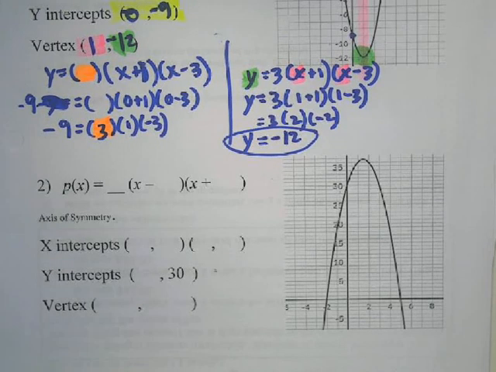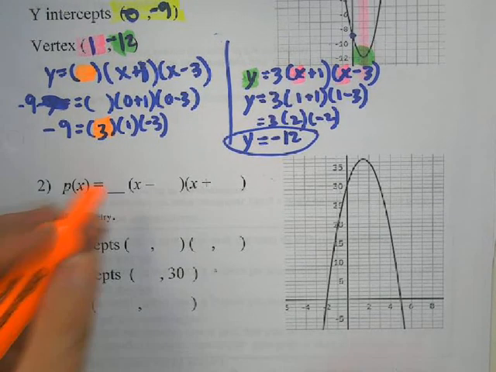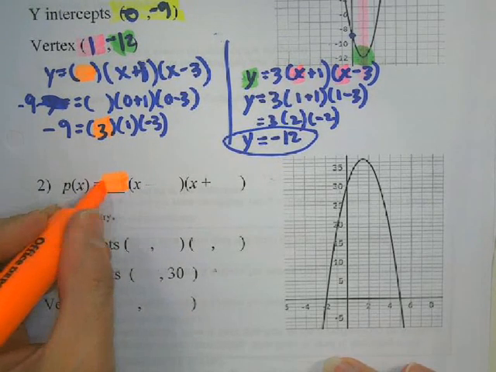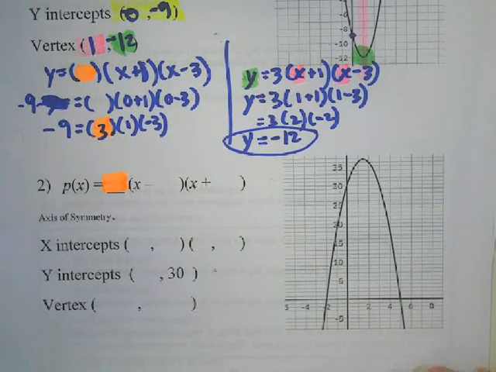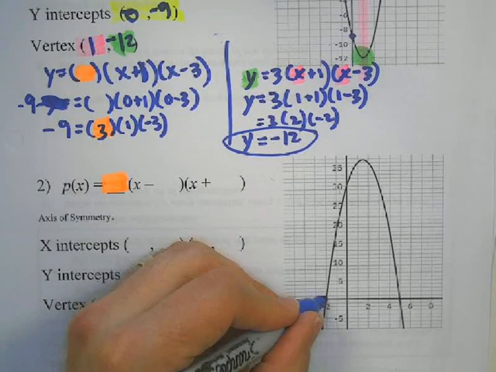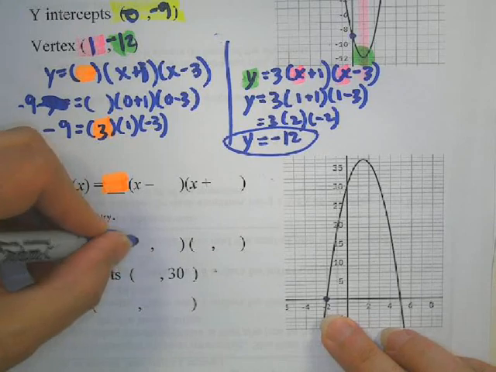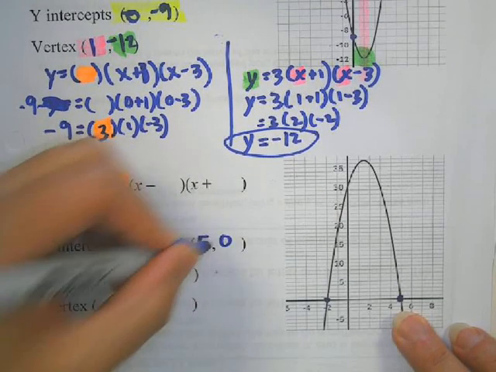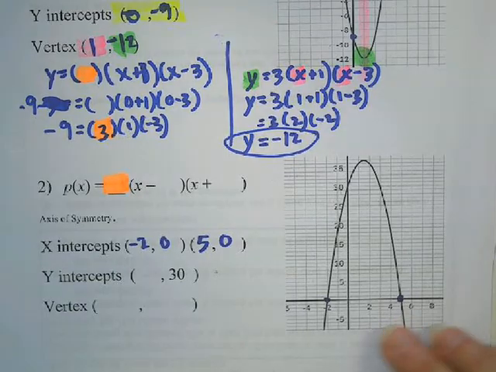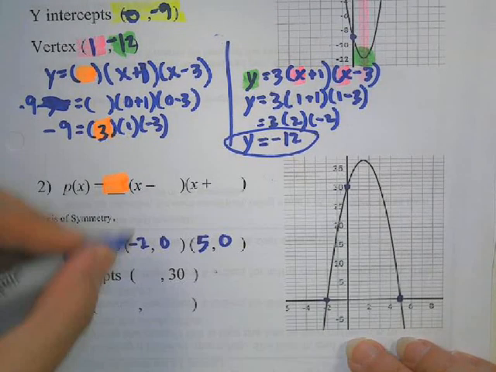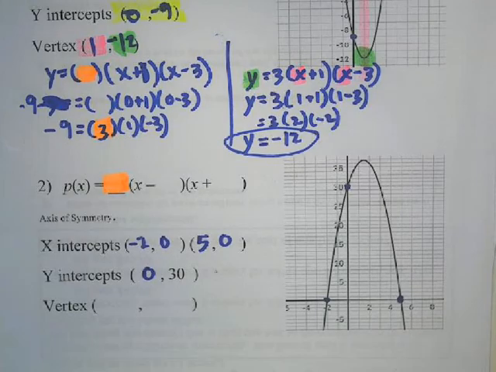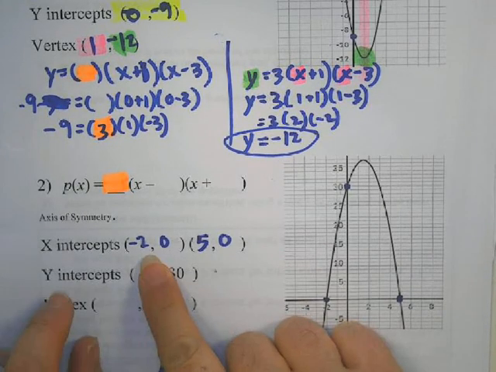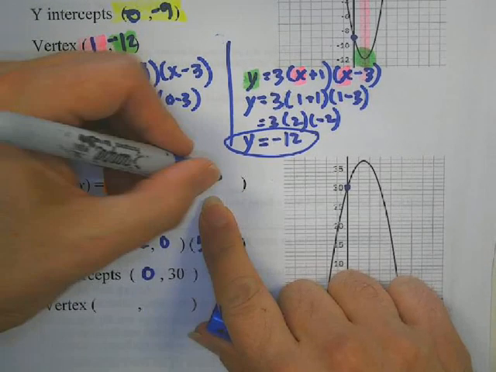We've got this orange value here. We don't know what that is. We can see from our picture we have an x-intercept at (-2, 0), and the other one is at (5, 0). My y-intercept, they gave it to you, is (0, 30). So if the x-intercept is (-2, 0), I'm going to have x plus 2.